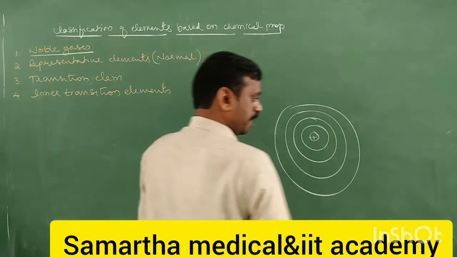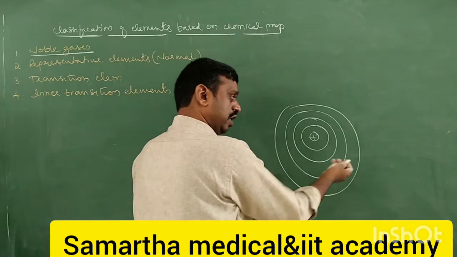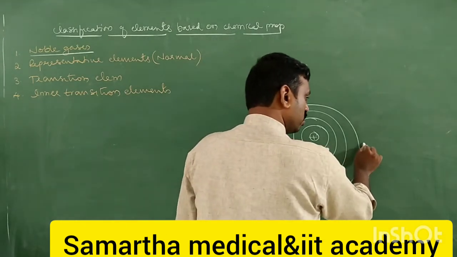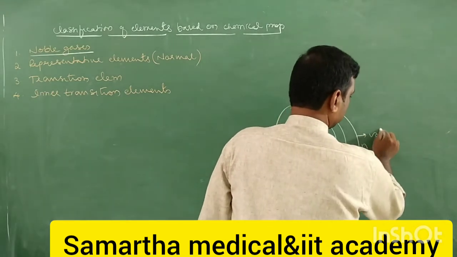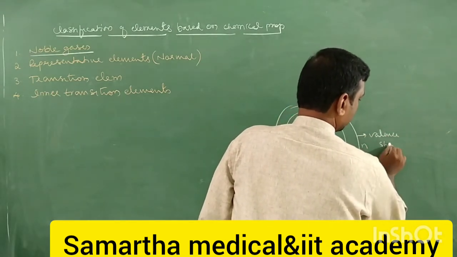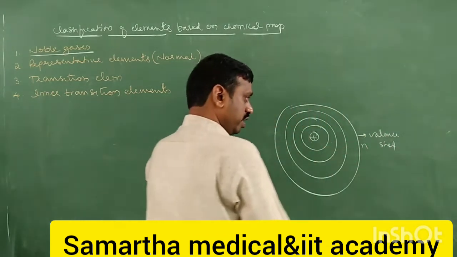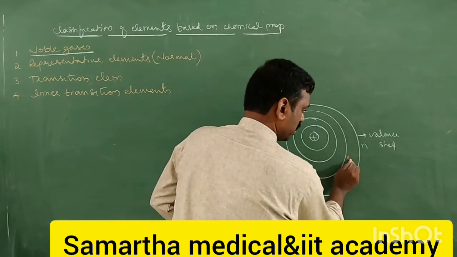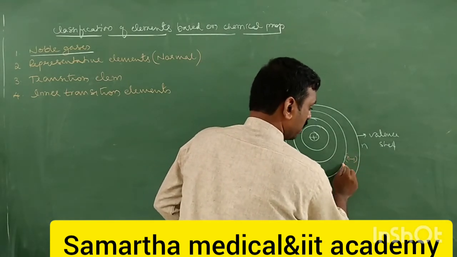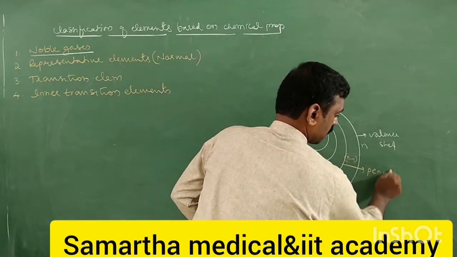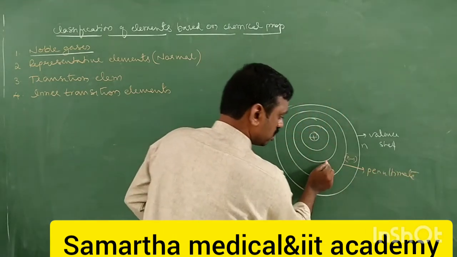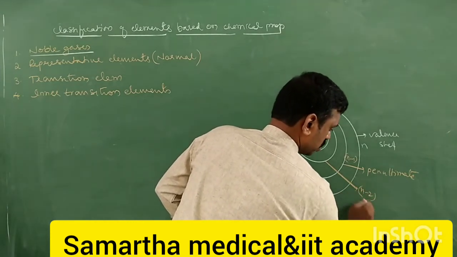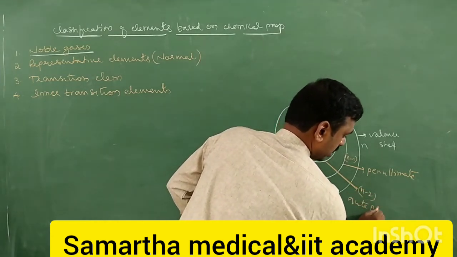In a given atom, the last orbit is called the nth orbit, the valence shell, denoted by n. From last to second is n minus 1, called penultimate. From last to third is n minus 2, antipenultimate.